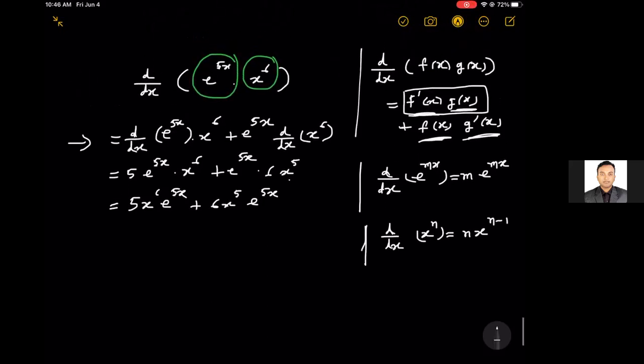Any question from this? Take your time, okay? Just try to see the calculation again. I have the formulas I have used.